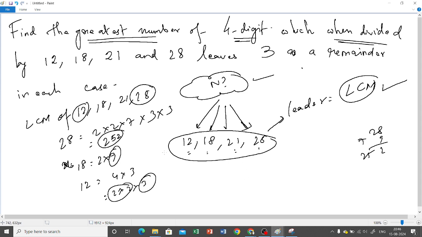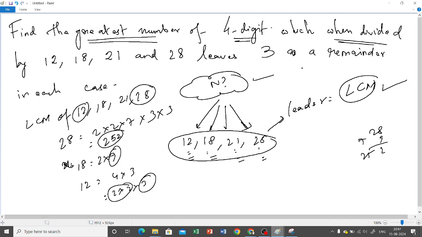That means 252 is the number which is exactly divisible by each of these 4 numbers. Did you understand till here? If we apply the first case which you said, that is divide or subtract, no, that is not applicable over here. That is why I say read the difference.